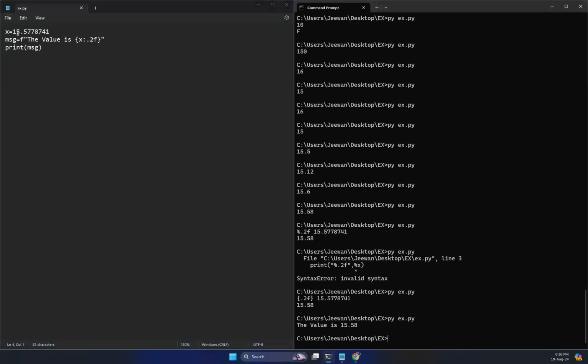This is how you can do it using an f string. This is what you call using an f string.